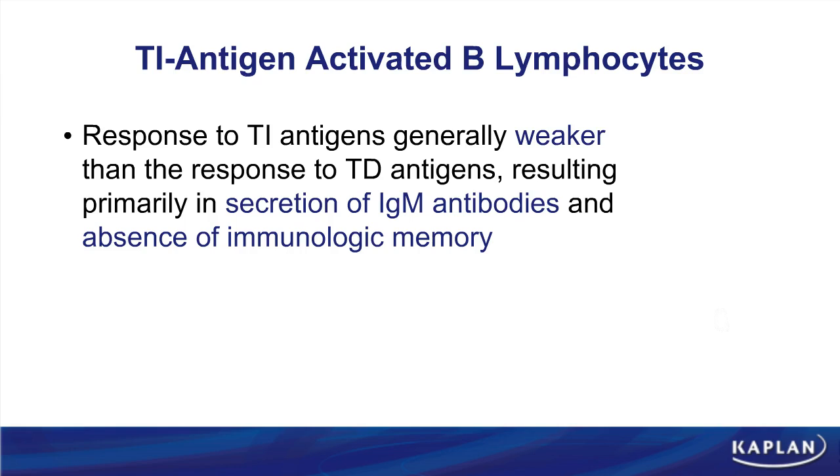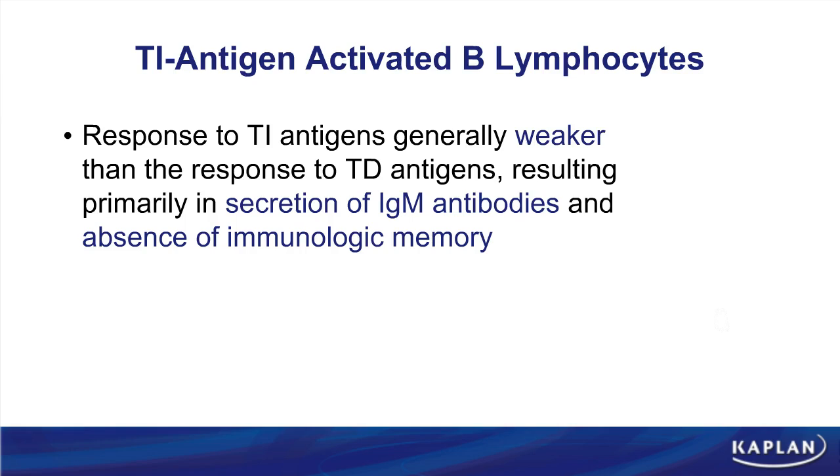The other really important concept when we're talking about T cell independent antigens is that there is no memory response. We are lacking that memory response that we need. That is also going to be an important concept when we get to the chapter on vaccinations, because if we're looking at a vaccine that is nothing but capsular polysaccharide, remember, T cells require peptides.